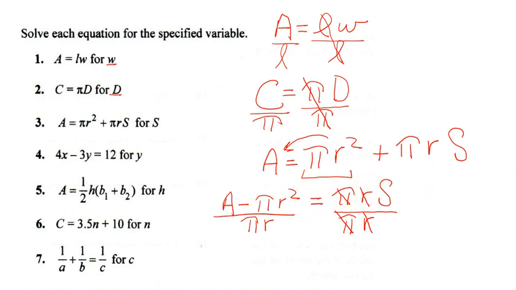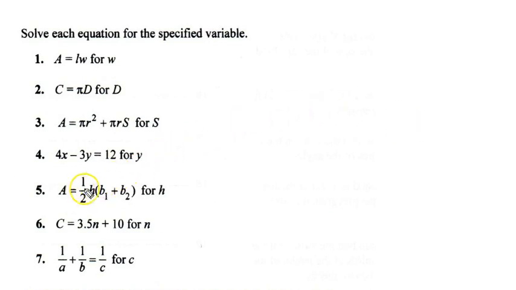All right, we'll clear this, and then we'll do number 4. Now, number 4 is 4x minus 3y equals 12. And we want to solve for the letter y. Now, y is positive.